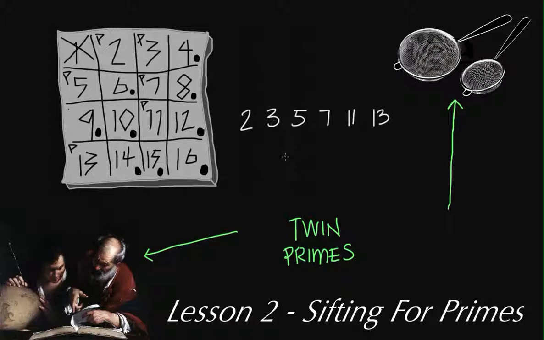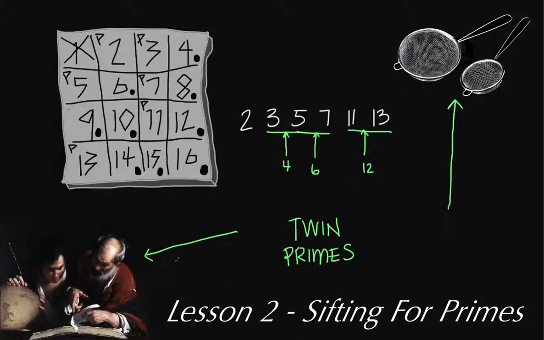They're not twin primes. 3 and 5 have only the number 4 between them, so they are twin primes. Same with 5 and 7. Only the number 6 is between them, so they are twin primes. 7 and 11 have 8, 9, 10 in between them. 11 and 13 only have the number 12 between them, so they are twin primes.